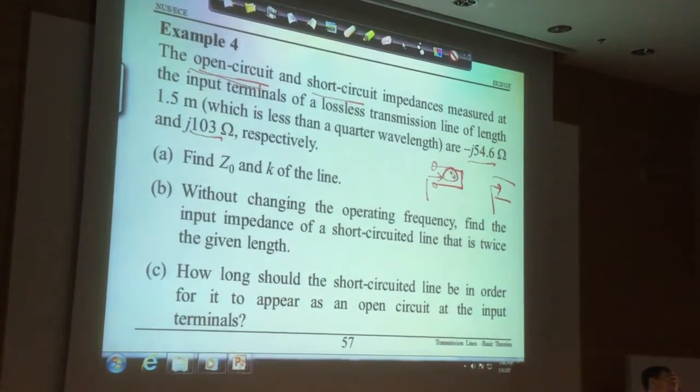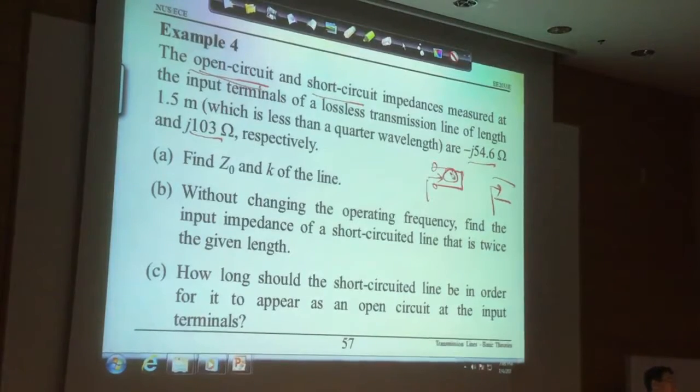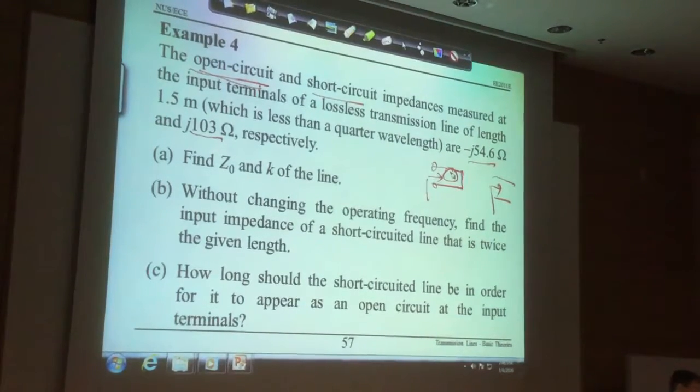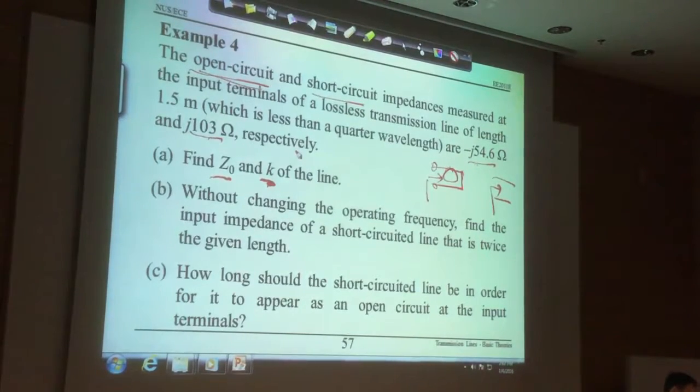Another open circuit. Then you measure one impedance, another impedance, then find out the characteristic impedance of this transmission line. Also, you can find out the propagation constant. Okay, right?